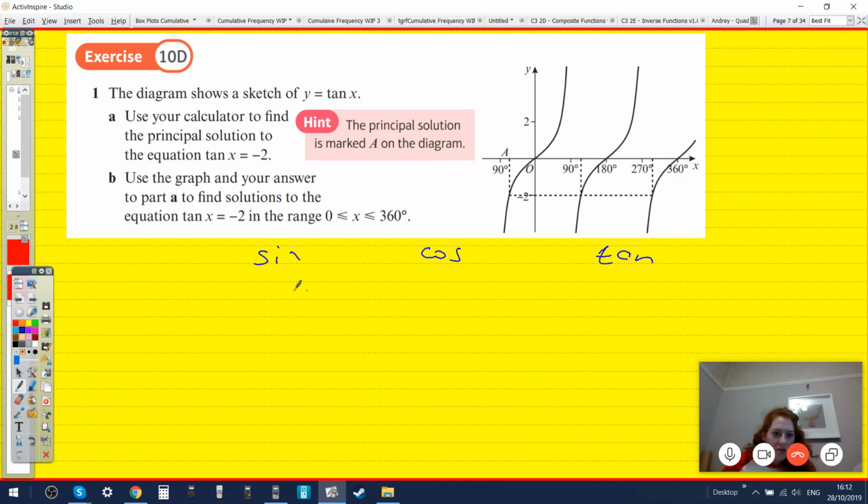Would the first answer for A be minus 63.4? Yeah, sounds good. And how about B?